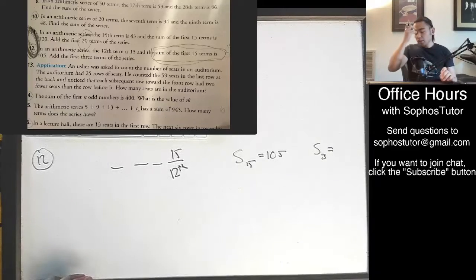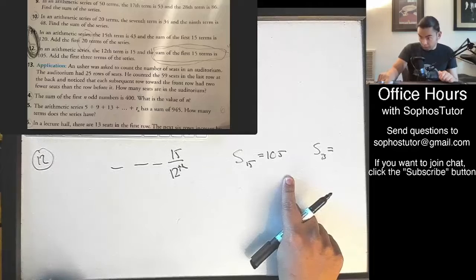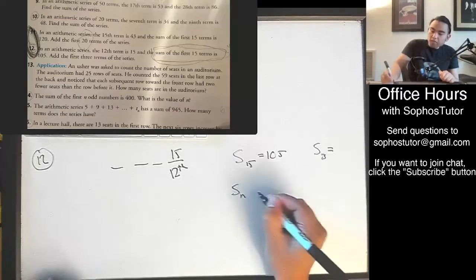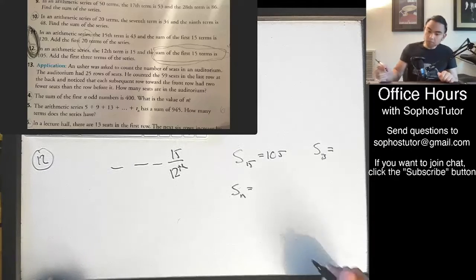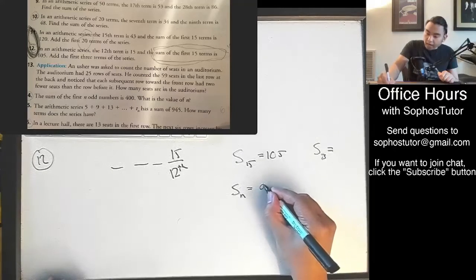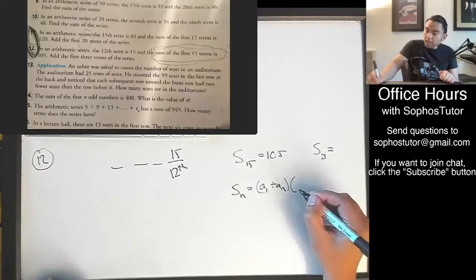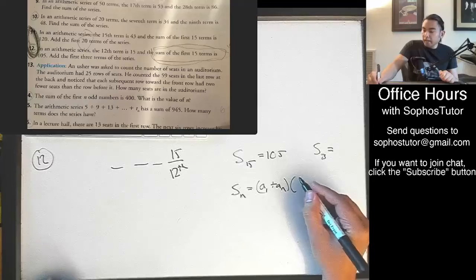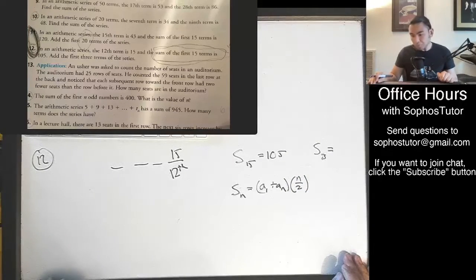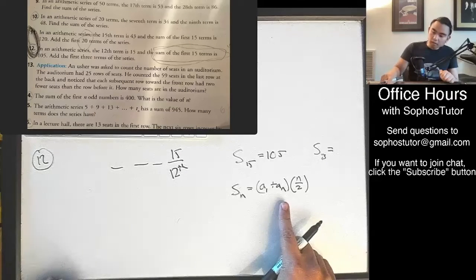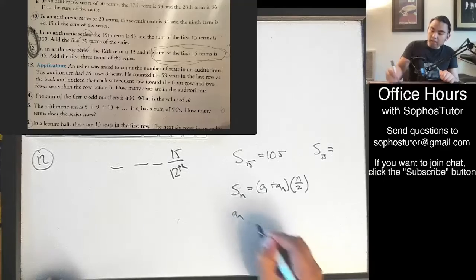Okay? So let's consider how we got the sum of these 15 terms. We know that if we are finding the sum of n terms in an arithmetic series, we can find it by adding the first term to the nth term and then multiplying that by n divided by 2. Now, how do we find the a sub n term at any given moment?